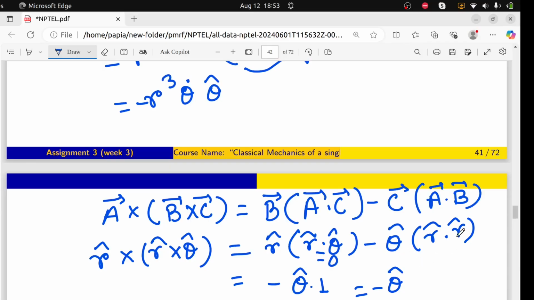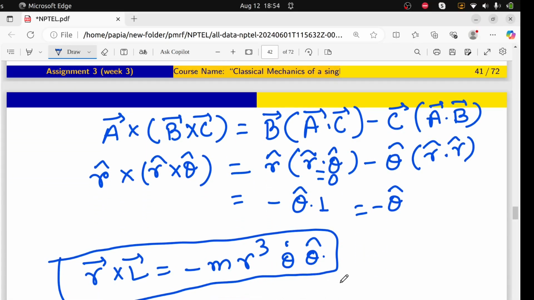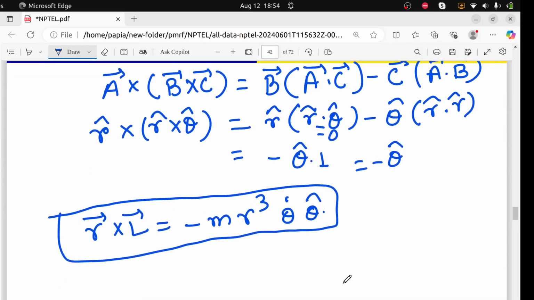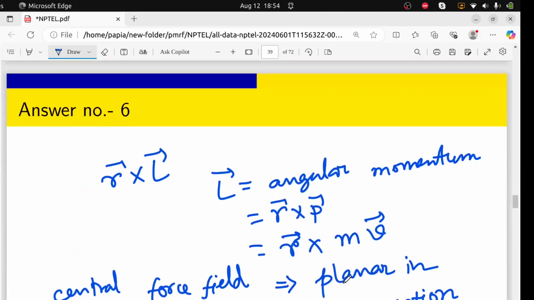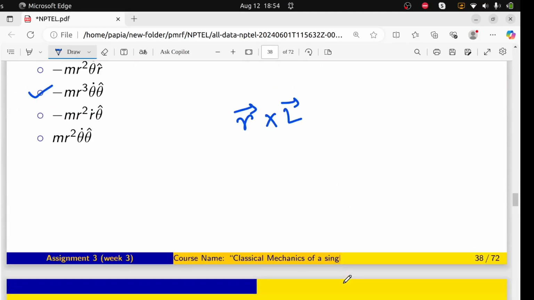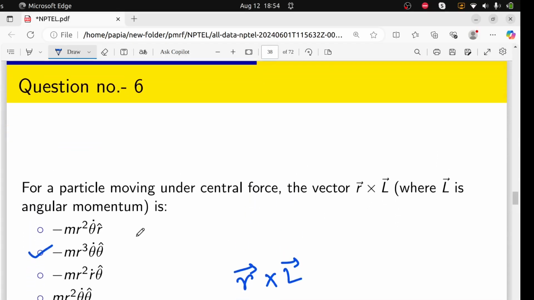And r dot r both are unit vectors, so that means the answer will be 1. So minus theta cap. Then the answer is minus r cube theta dot theta cap. So if I match that with my answer, the answer is the second one, minus r cube theta dot theta cap. Okay.